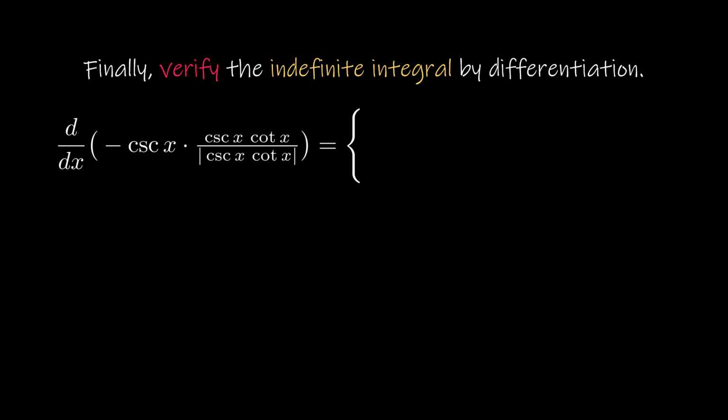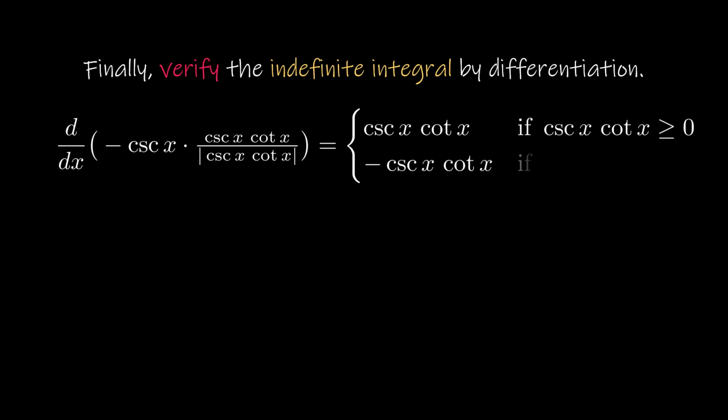The derivative has two cases because the quotient factor is either +1 or -1. The derivative is the absolute value of the product of the cosecant of x and the cotangent of x, which is equivalent to the given integrand.